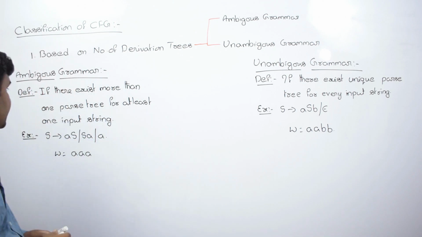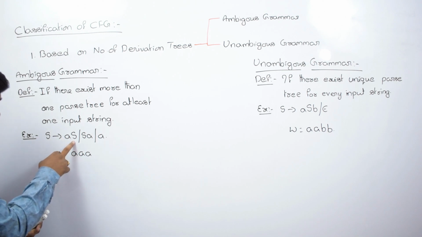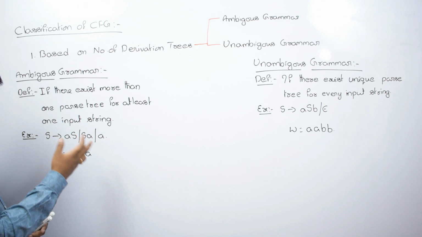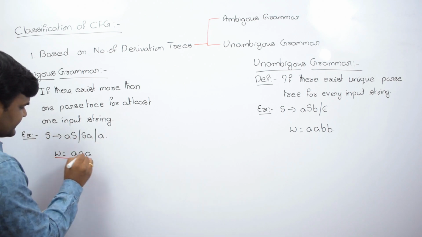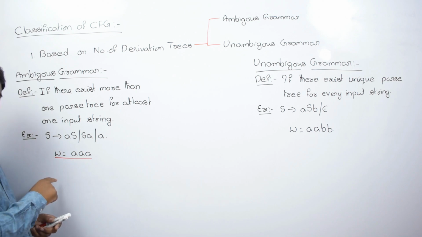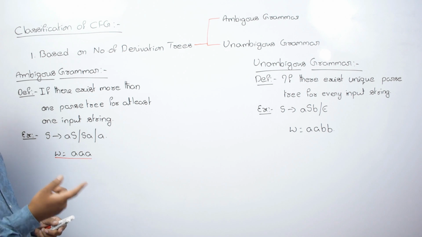Here, for example, take S deriving AS in one production, SA in another production, or A. The given word is triple A. Let us see whether we can generate this word with a single tree or different trees.